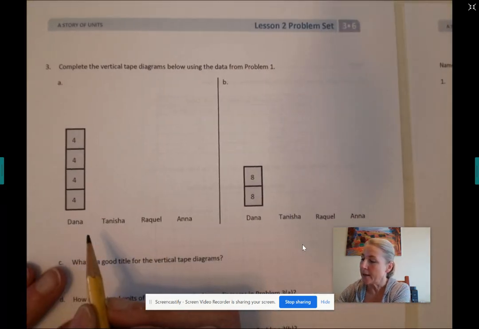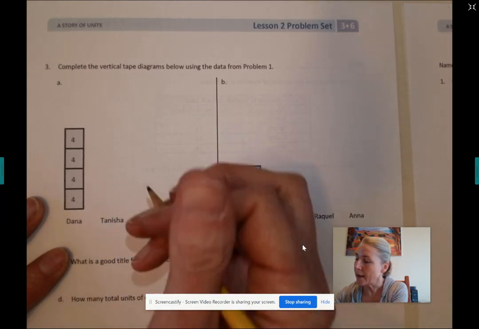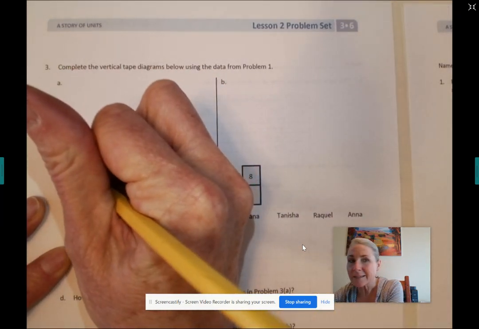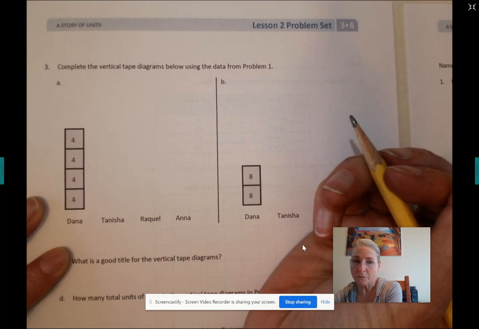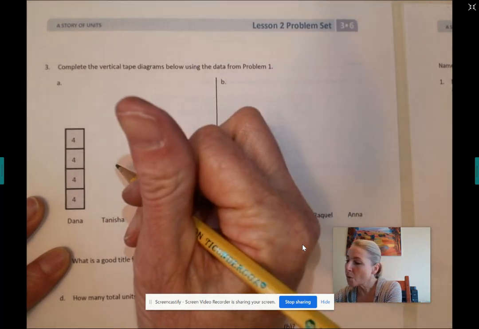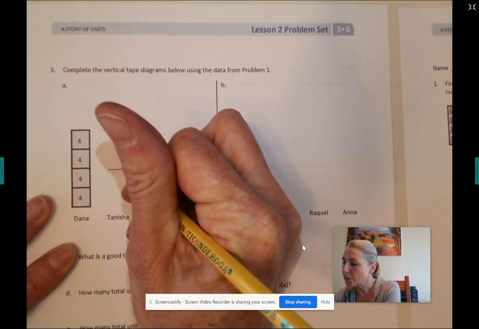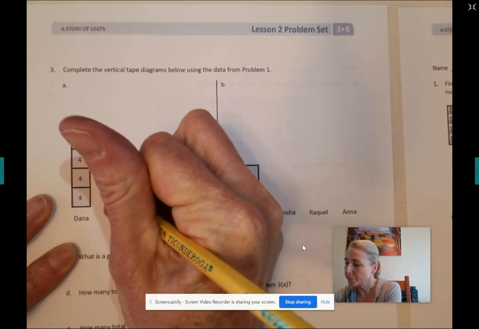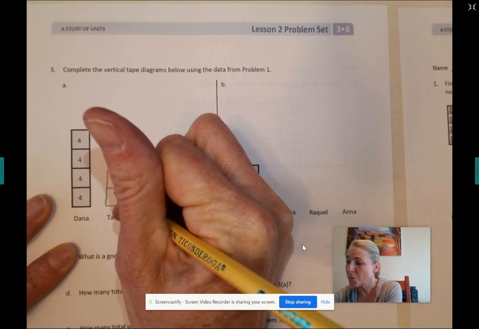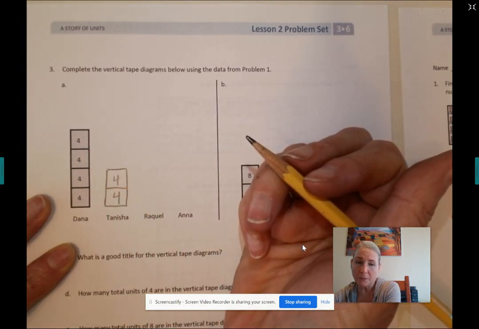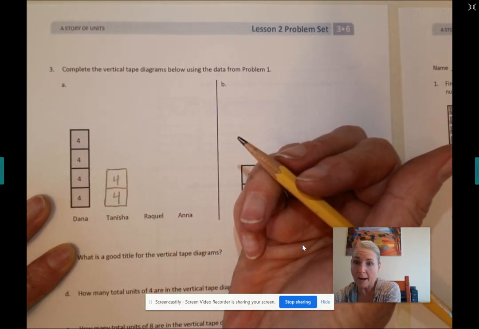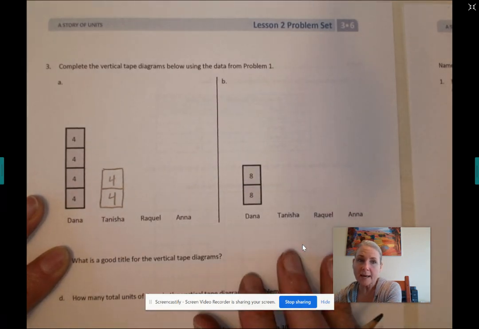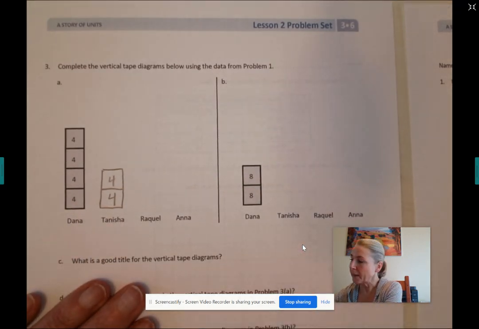So Dana had 4, Tanisha had 2. Again, it doesn't matter if you're working horizontally or vertically. Use the lines that are already there to help you gauge your boxes. Sizing is important with picture graphs and bar graphs. You need to have accurate sizing, otherwise you won't be able to compare.